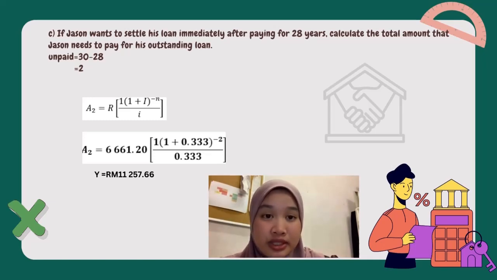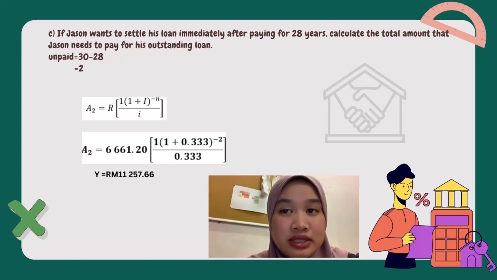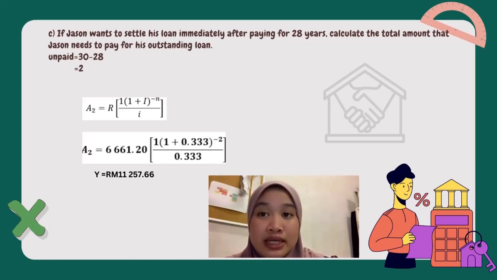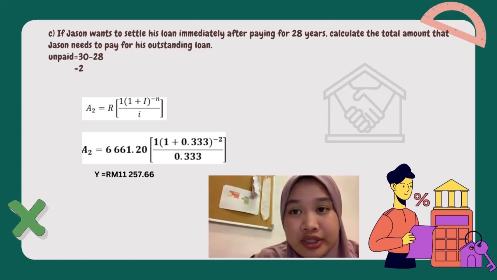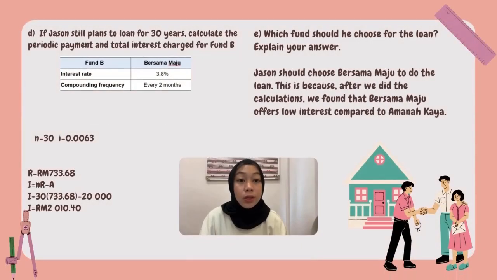In this question, we will use the formula A equal to R in bracket 1 plus I power of negative N divided by I. So A equal to 6,661 ringgit 20 cents in bracket 1 plus 0.333 power of negative 2 divided by 0.333. So the total is 11,257 ringgit 66 cents.